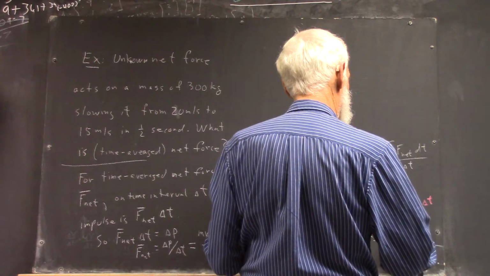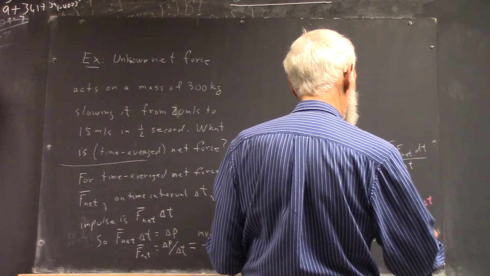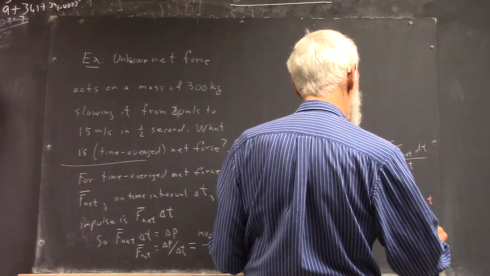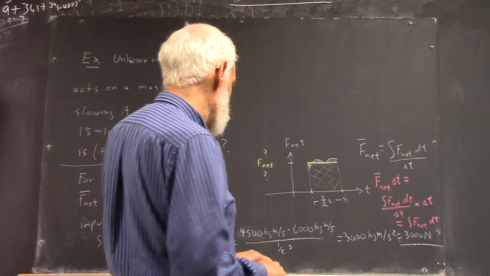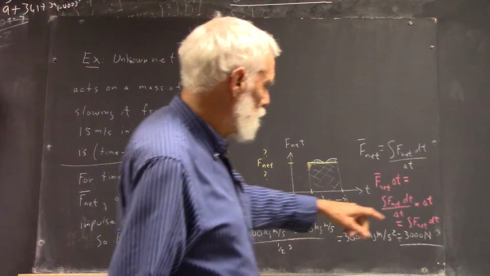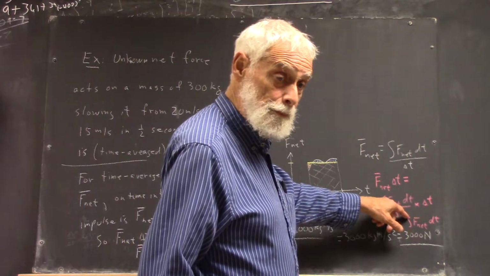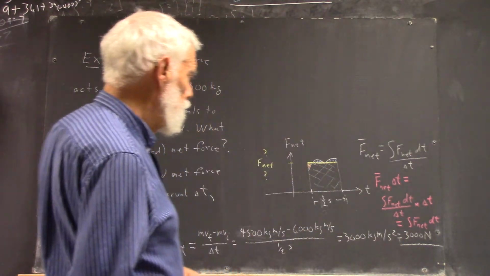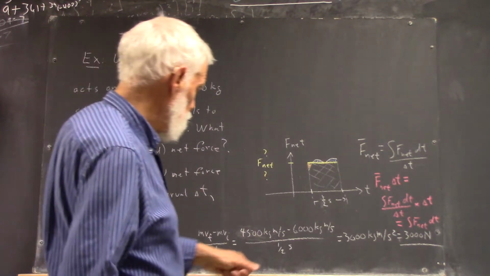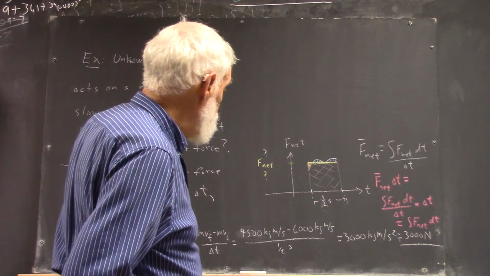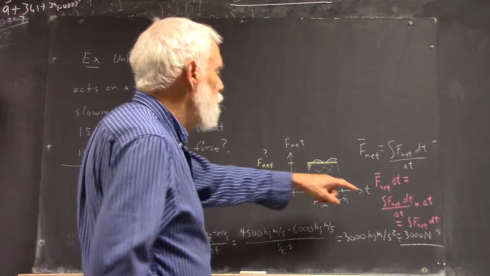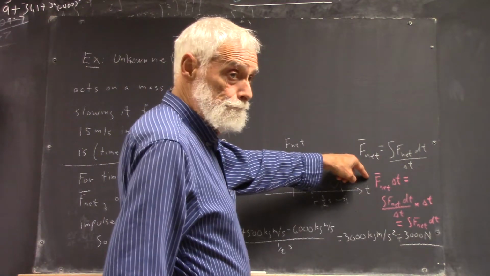And that's just the integral of F net dt. To be rigorous about that, I have to specify the interval of integration. That's fairly easy to see, and your book, of course, will explain that to you just fine. So right here is actually your definition of impulse.